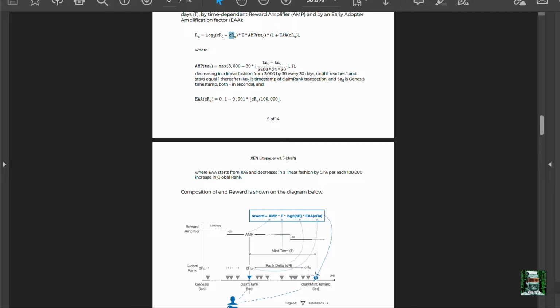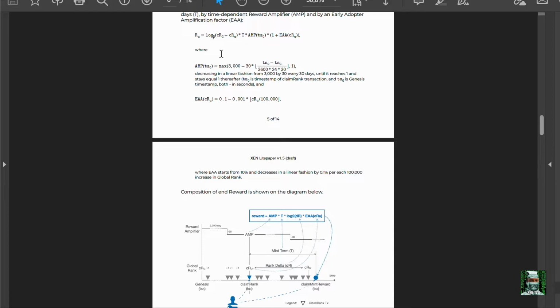So that means there's 4,000 that interacted with the protocol since Genesis, and the rank delta is 4,000 minus 1,000. So it's 3,000. So the point to make here is that this is what we mean when we say that we have viral tokenomics built in, adoption is built into the formula.